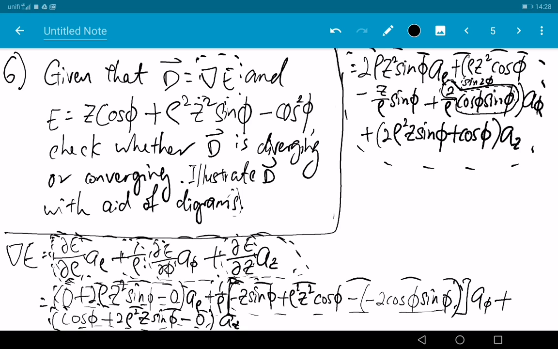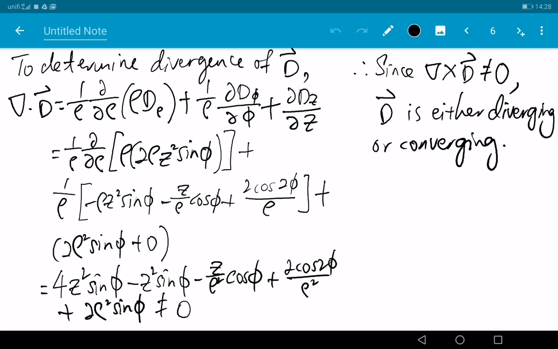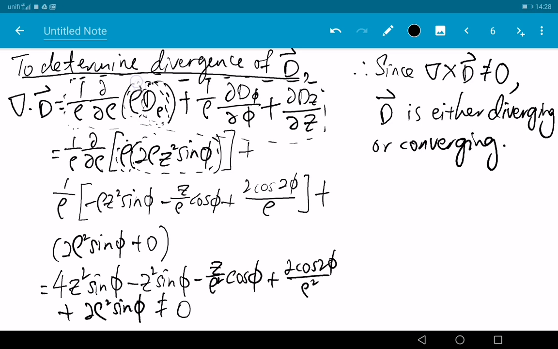After we find the gradient of E, similarly we need to determine the divergence of the vector field D. Again, we find the divergence equation for cylindrical coordinates. First, we figure out the component of a rho in the vector function D, then we multiply with rho.